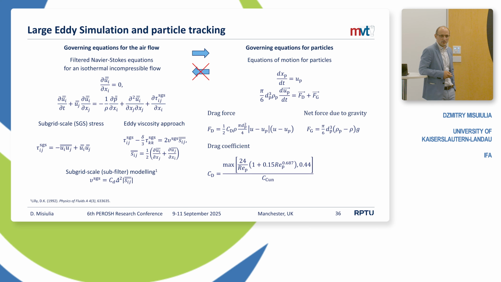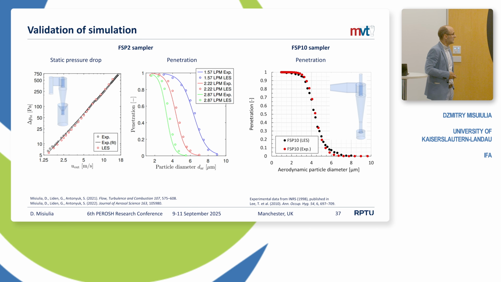The most important forces which act on the particles are the drag force and the net force due to gravity, so these forces were taken into account when modeling particle behavior. The drag coefficient was calculated according to the Schiller-Naumann correlation, but modified by the Cunningham correction factor. Since samplers operate at really low particle concentration, the effect of particles on the flow field was neglected.